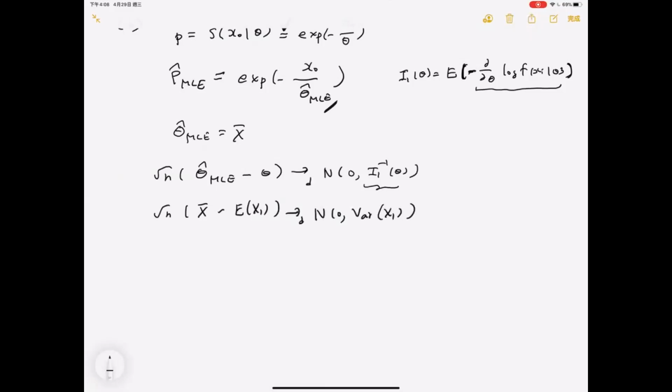What theory is this? Nothing but the central limit theorem, right? So you might not necessarily go with this complicated one, but it's a general result. It's definitely doable in general. But whenever you see X bar right here, you can also use the central limit theorem as well. That means root n times X bar minus theta goes in distribution to normal with mean 0 and, I think, variance 1 over theta squared.